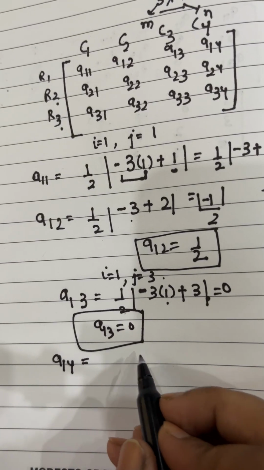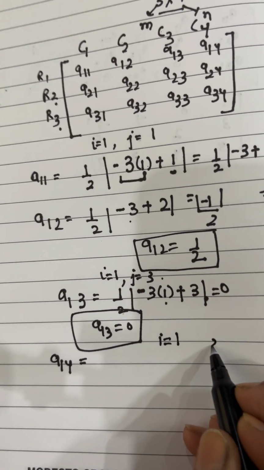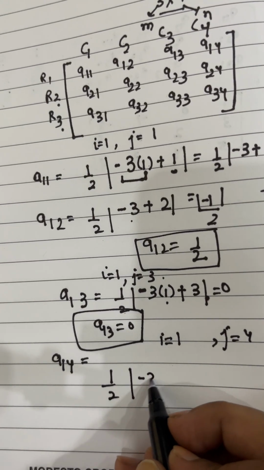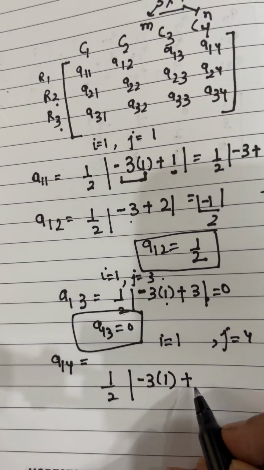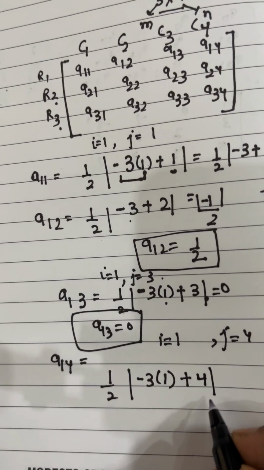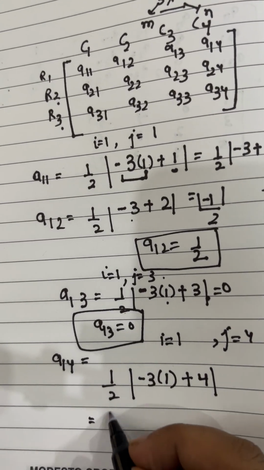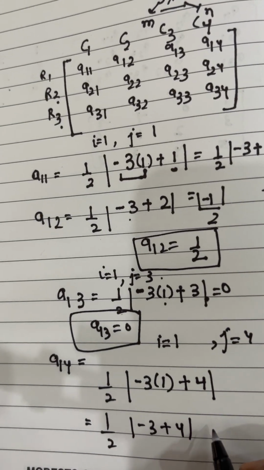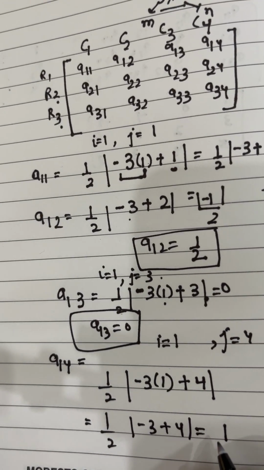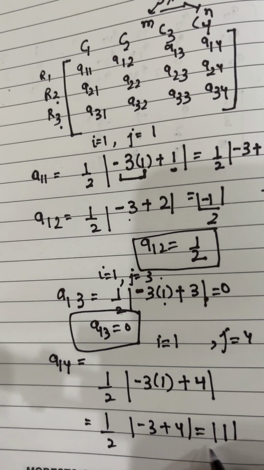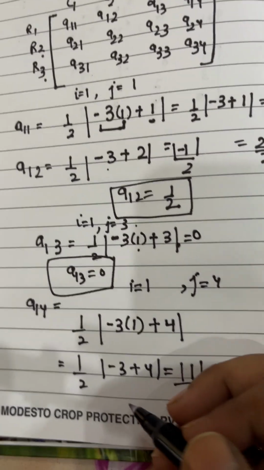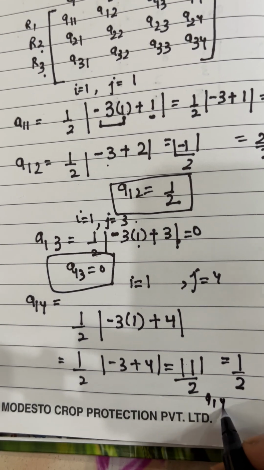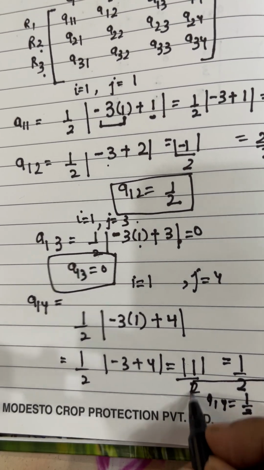It will be i is equal to 1 and j is equal to 4. So 1 by 2 minus 3 into 1 plus j which is 4. So 1 by 2 minus 3 plus 4. 4 minus 3 is 1. Modulus divided by 2. It's positive, so it will be 1 by 2. So A14 is 1 divided by 2.